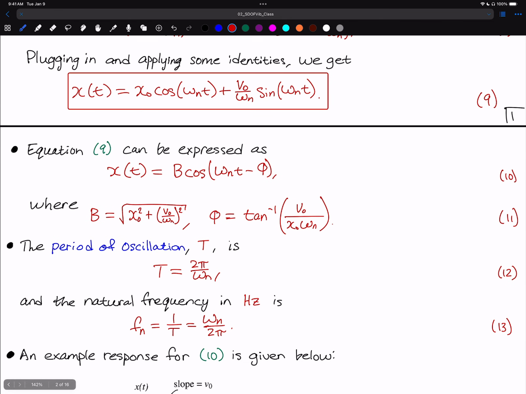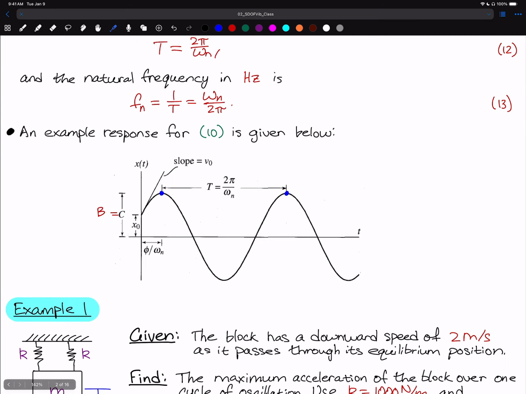We can see here that with x0 being 0, we won't keep the cosine term. We'll only keep the v0 over omega n times sine of omega n t.